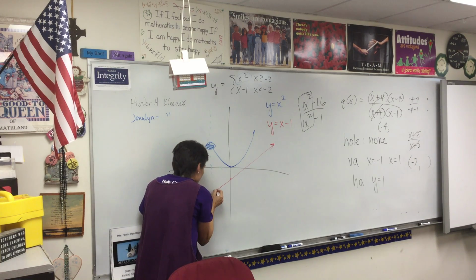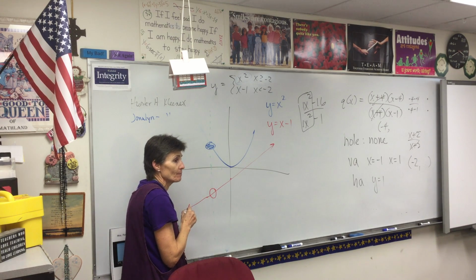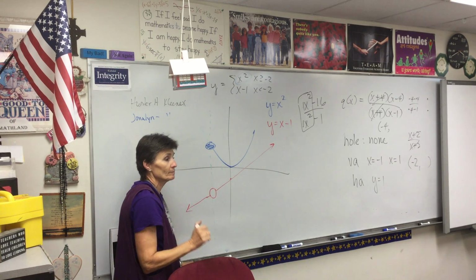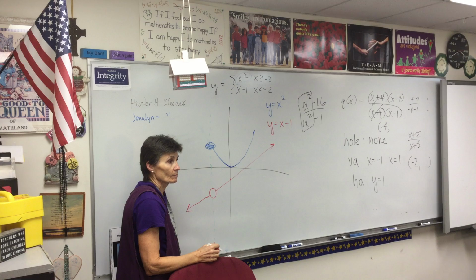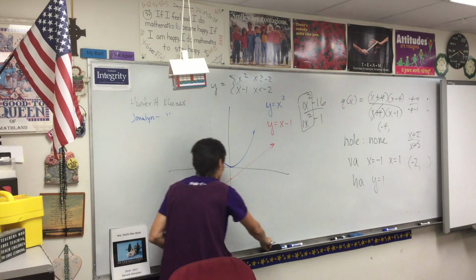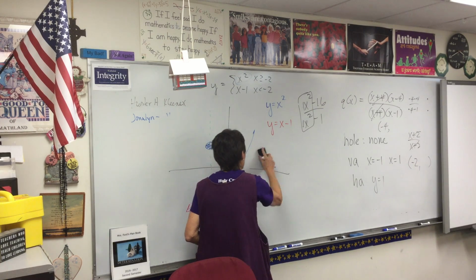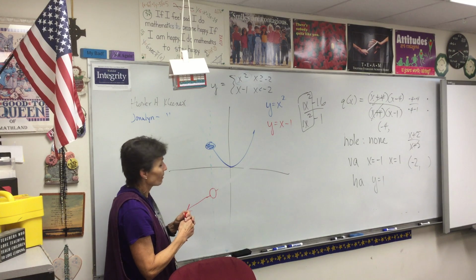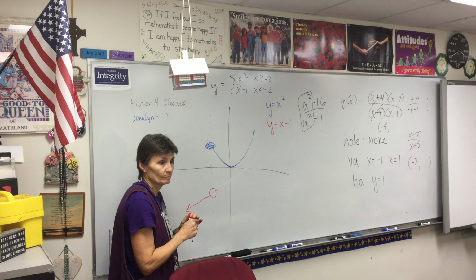And look, it crosses right there, big dot. And this time it will be open. And I want to keep the left, so I'm going to erase the right. And there is the answer to the problem.